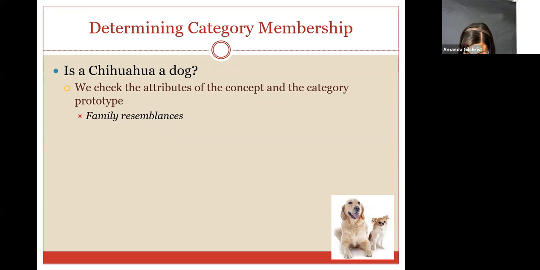In particular, the items that the Chihuahua has that are similar to the prototype are what are known as family resemblances. So we're going to try to obtain family resemblances to determine whether or not a Chihuahua is actually a dog. And a Chihuahua does have the features of a dog in a lot of ways.